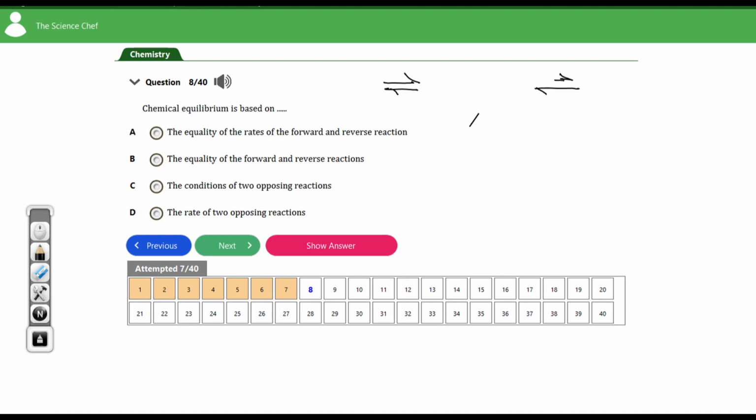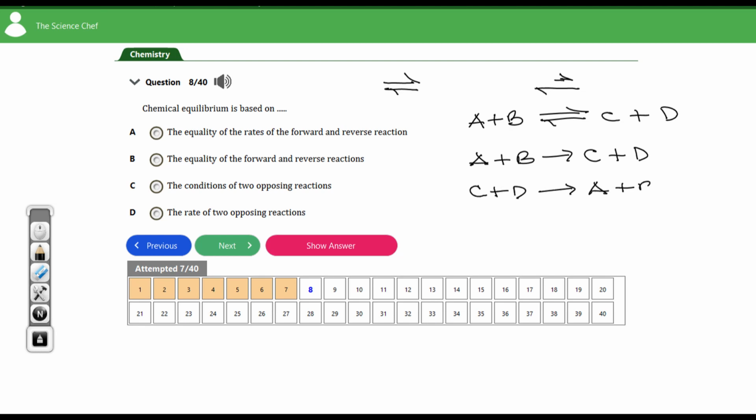So let's say we have reactants A and B giving us C and D. Now these are two different equations, right? That's A and B giving us C and D, and C and D giving us A and B. This is the backward reaction, this is the forward reaction.